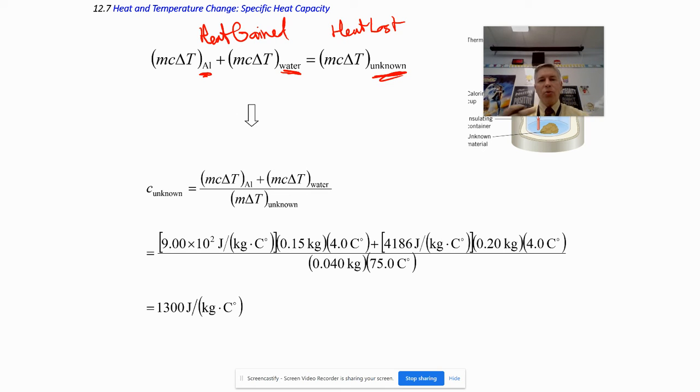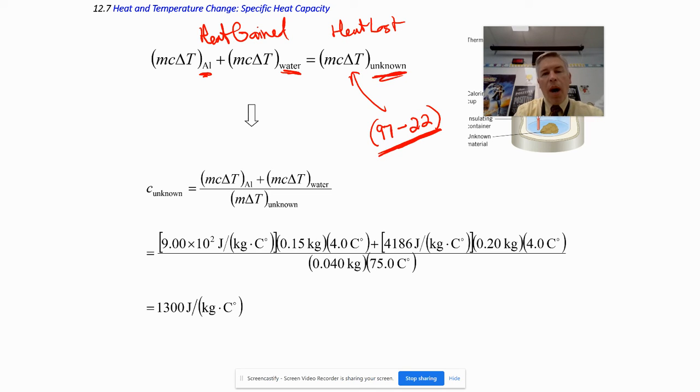For this change in temperature, we know that the material started out at 97 degrees Celsius and it's going to go down to 22 degrees Celsius. I'm not actually going to put 22 minus 97. Instead, for this delta T, I'll take hot, 97 minus 22. So I'm going to leave this as a positive number.